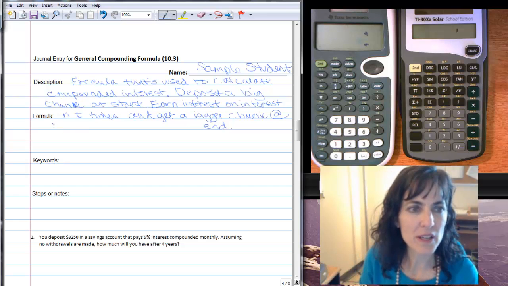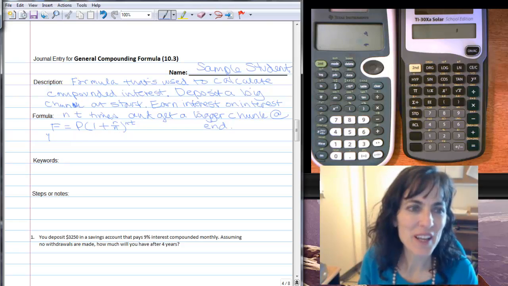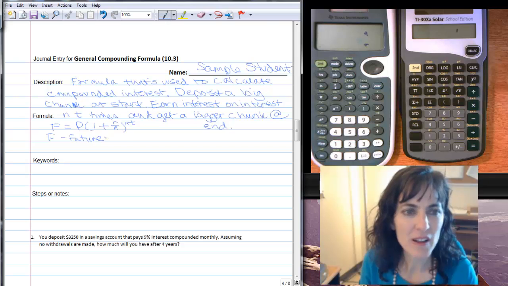So the formula is F equals P times the quantity 1 plus R over N raised to the NT power. This should look very familiar to you. The F is the future value, which you end up with.